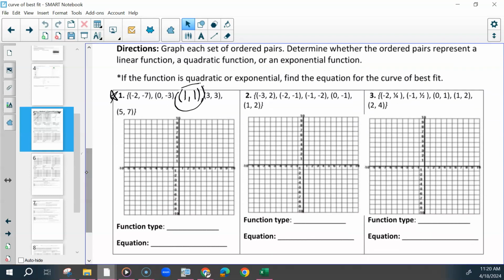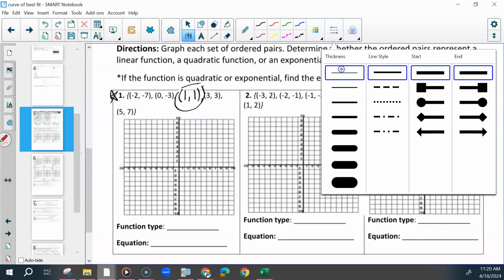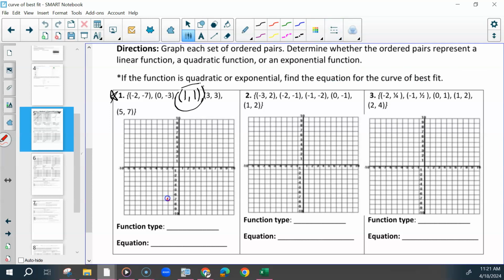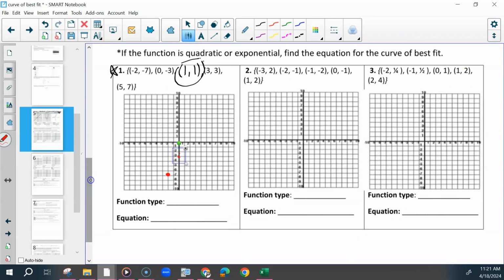So go ahead and start plotting all of those points from 1 through 3, and draw the curved lines through them.